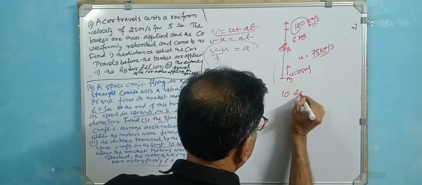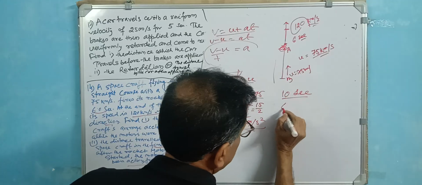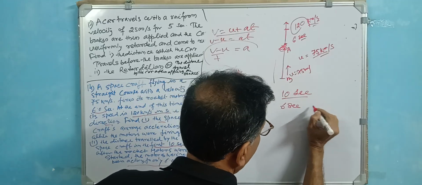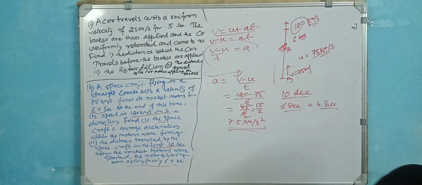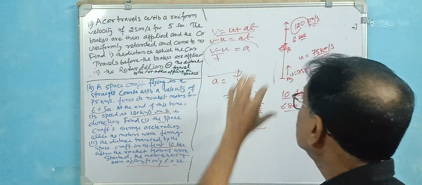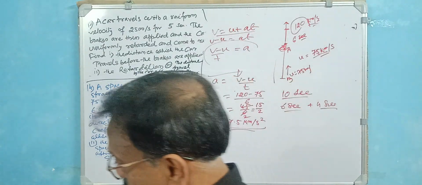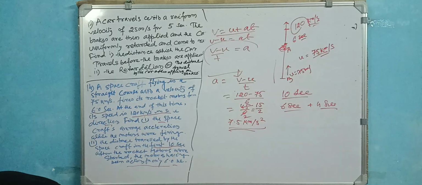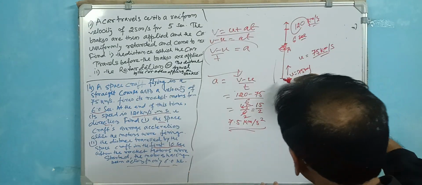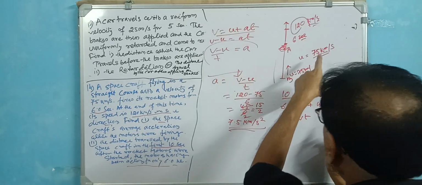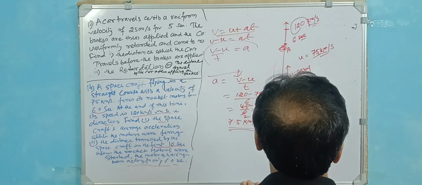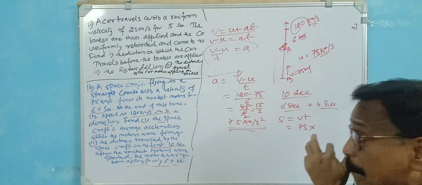In 10 seconds, within this there is fire for 6 seconds and without fire for 4 seconds. So there are two journeys, two velocities, two distances. For the first one there is no acceleration, so S is equal to V, from here to here. What is the U or V? 75, and this is only after 6 seconds.